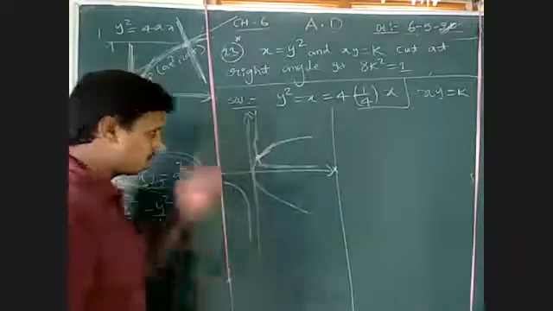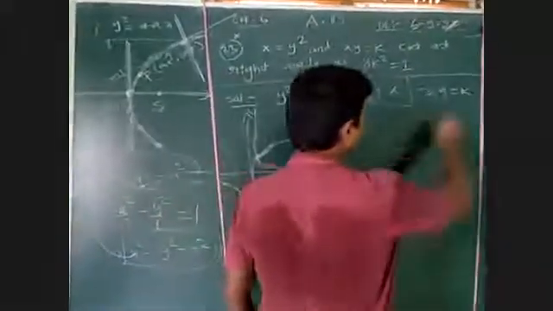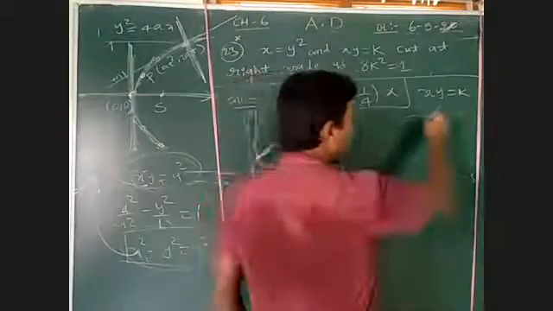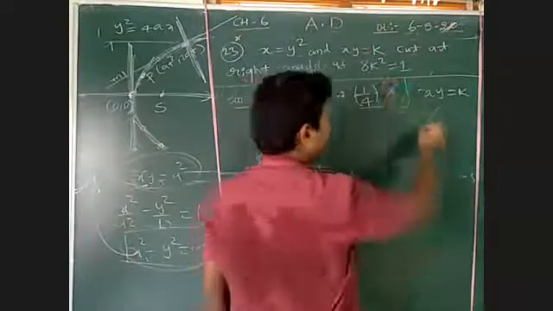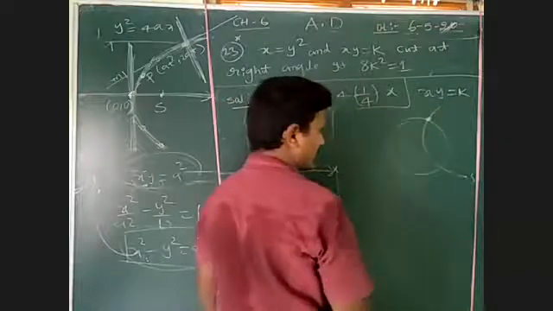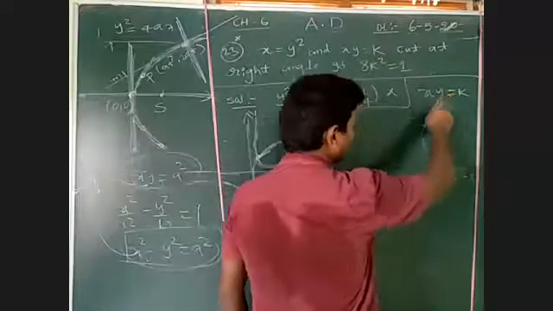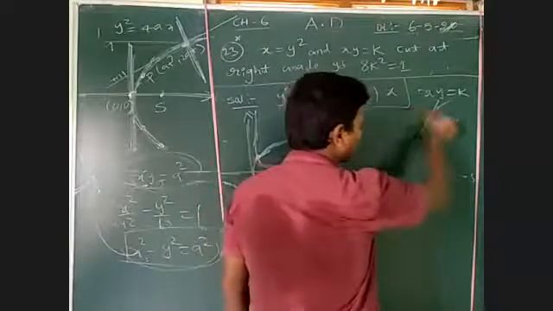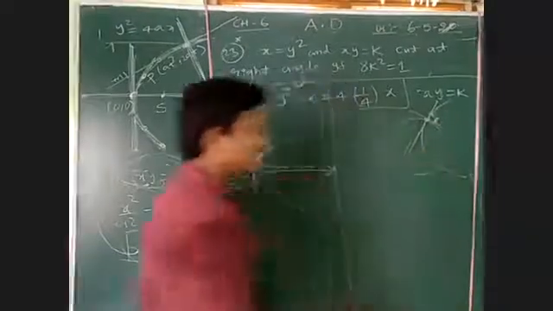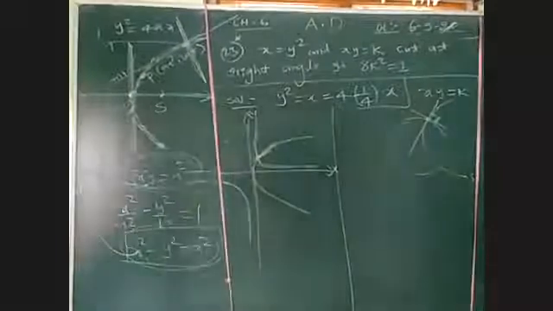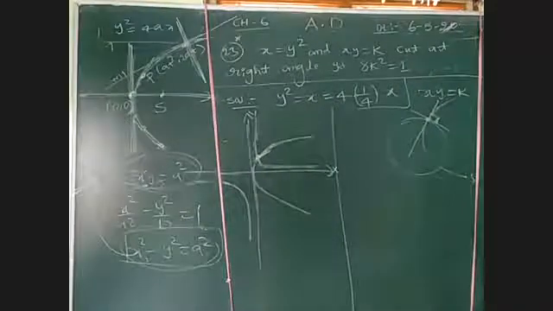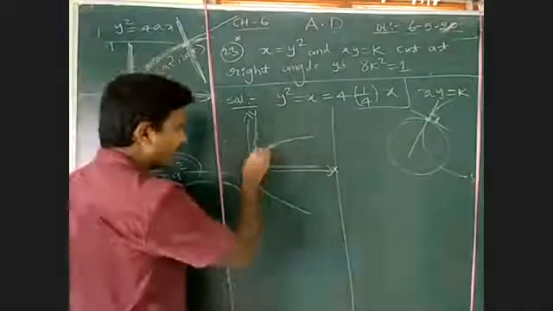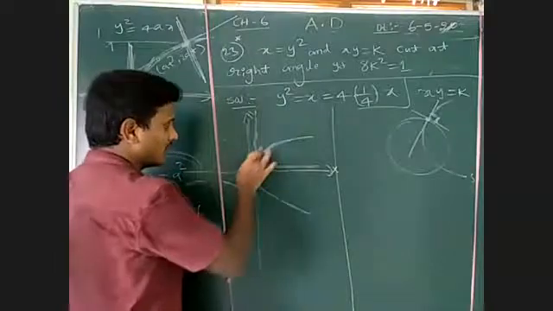How can you check whether both curves are intersecting at right angle? For example, take a circle and a parabola. Right angle means at the intersection point, draw the tangent to the parabola and the tangent to the circle. Both will intersect at 90 degrees. That is the meaning. If you observe the curves, we cannot find the angle between curves, but we can draw the tangents.